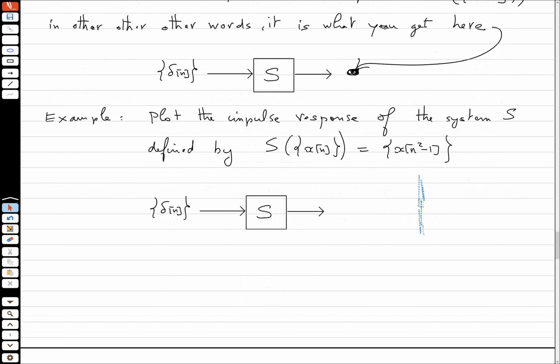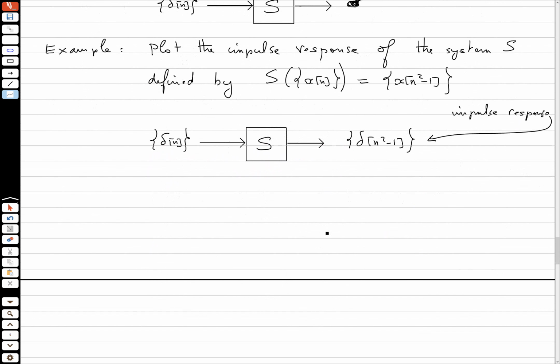So what is here is going to be delta of n squared minus 1. Impulse response, in this example. But we ask to plot. We know how to do it, right?